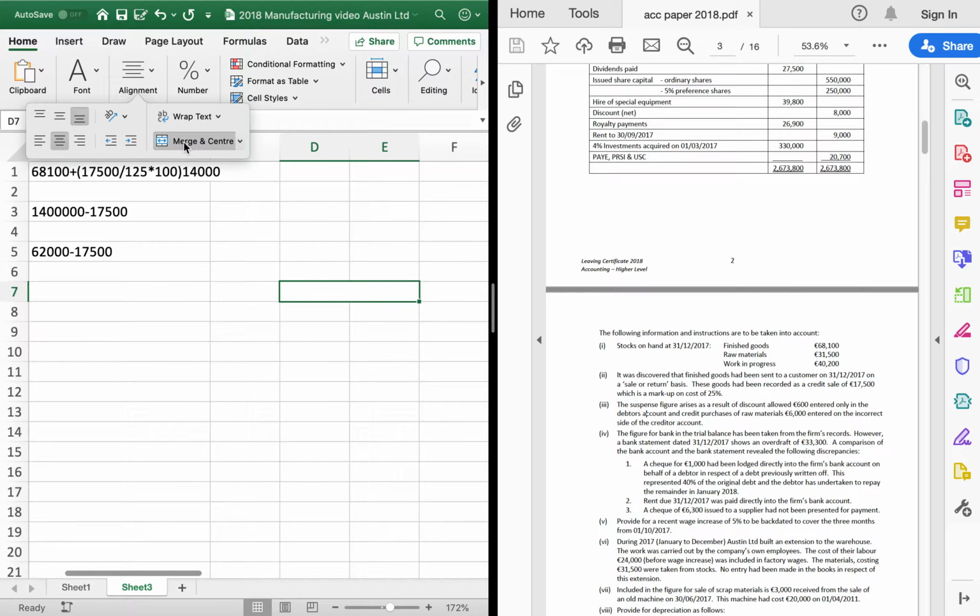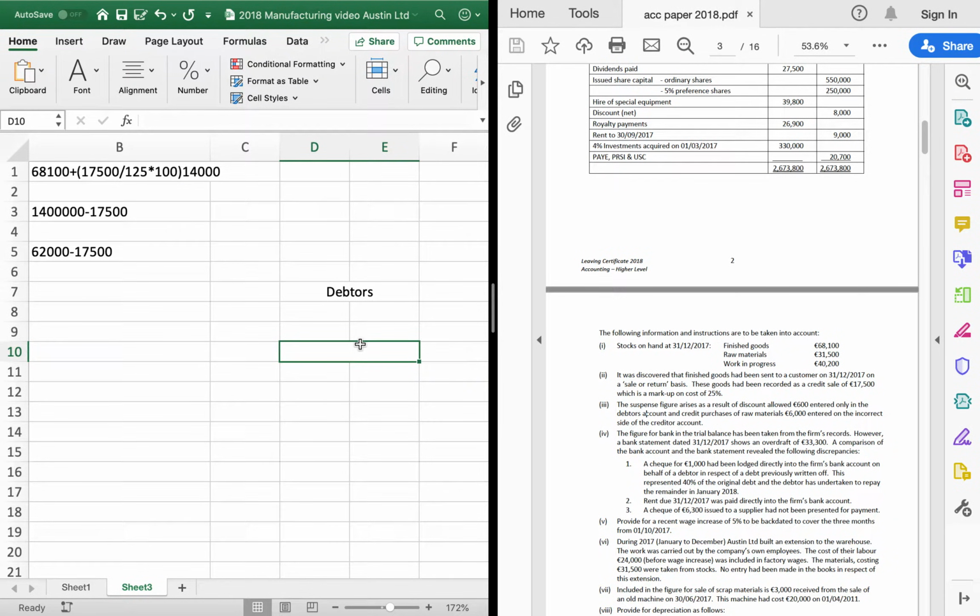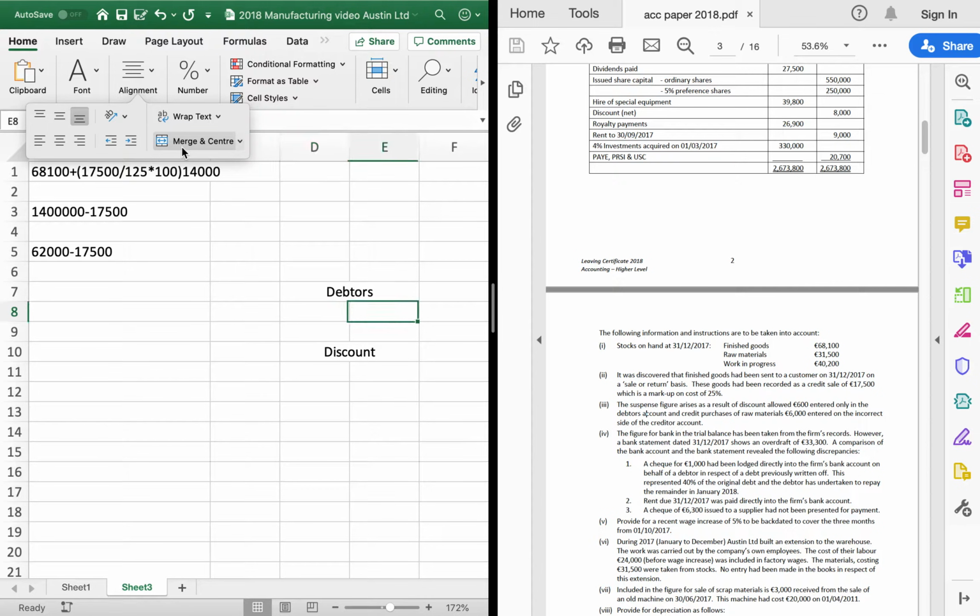So if I say, well, what happens with a discount? Discount reduces debtors, so it's credit debtors.